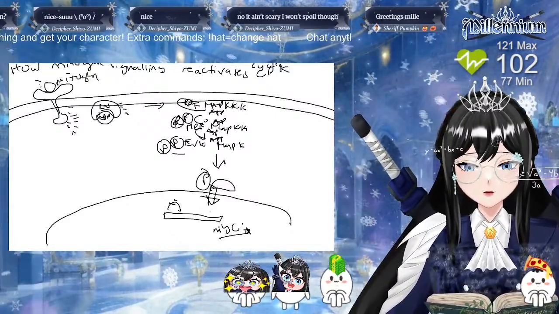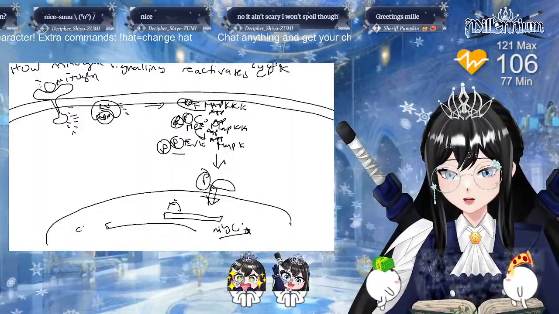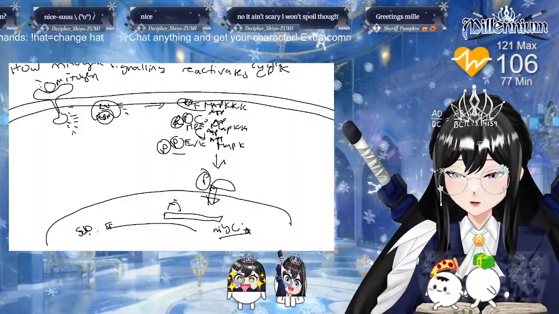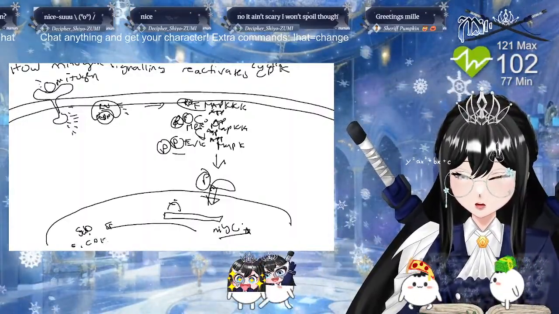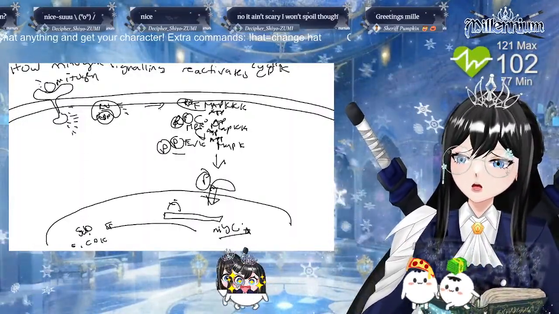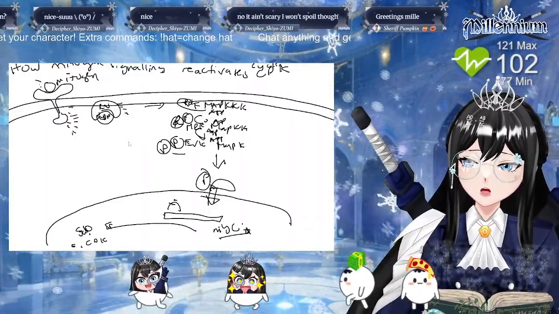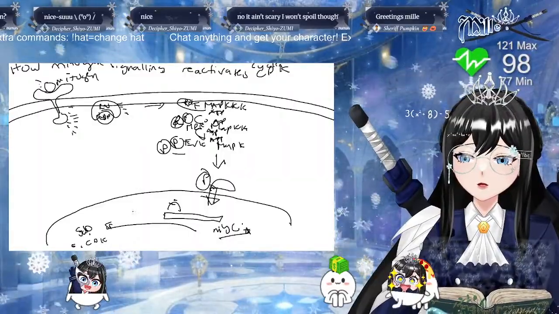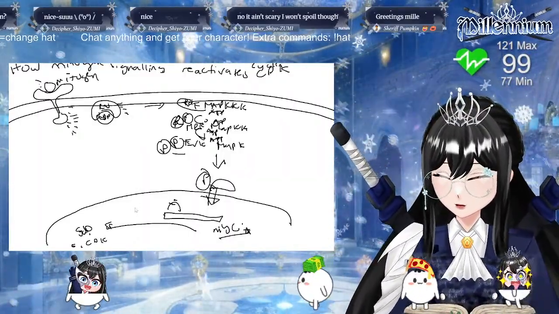So MYC promotes the making of cyclin D. Cyclin D complexes with G1 CDK. Again, RAS RAF MEK ERK makes MYC, which induces the transcription of your cyclin D. Cyclin D attaches G1 CDK.